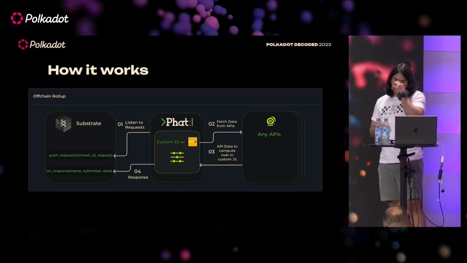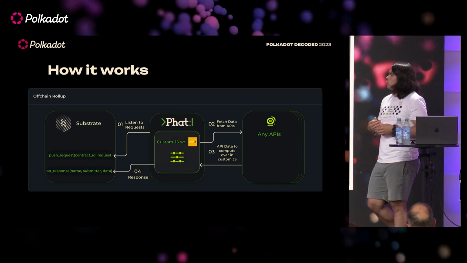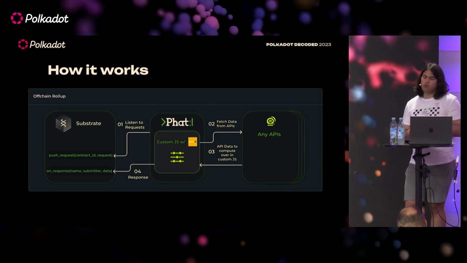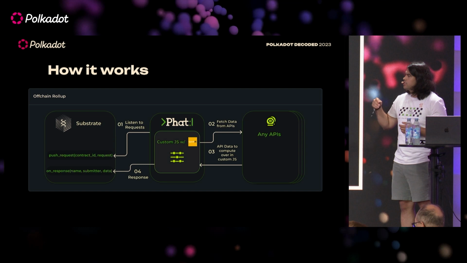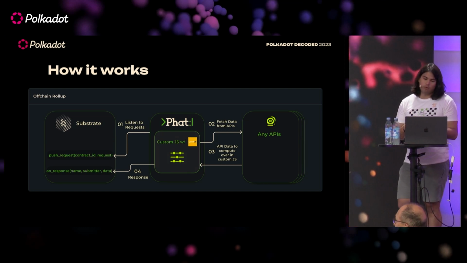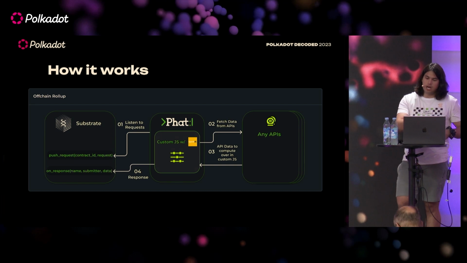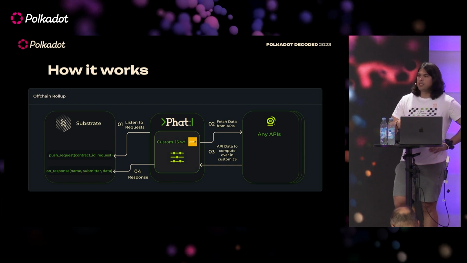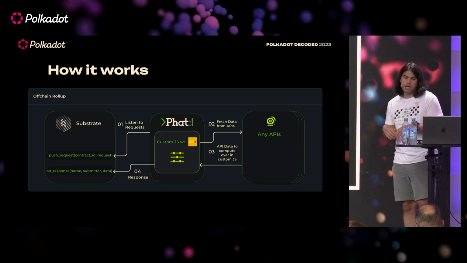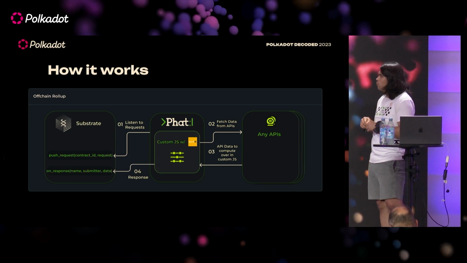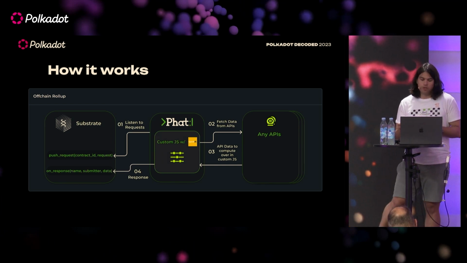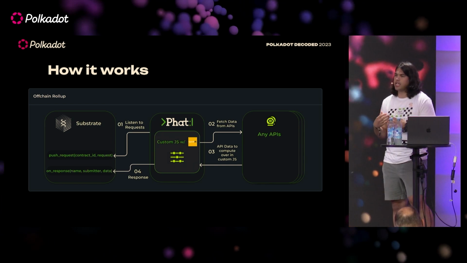And here is where our blueprint will go next. As you can see, you can integrate the off-chain rollup pallet in your runtime. You can have this push request for requesting some information, and then have an on response whenever this custom JavaScript that you're writing runs. You can send out different API requests to the different endpoints, run some custom computation, and return that response back to your chain, so that your chain can consume it.